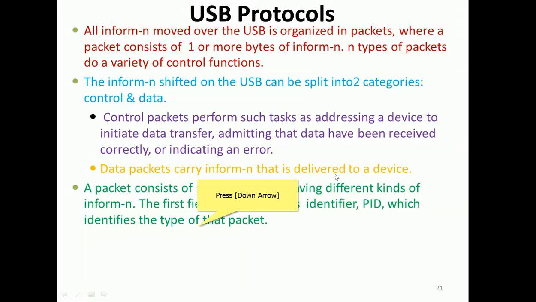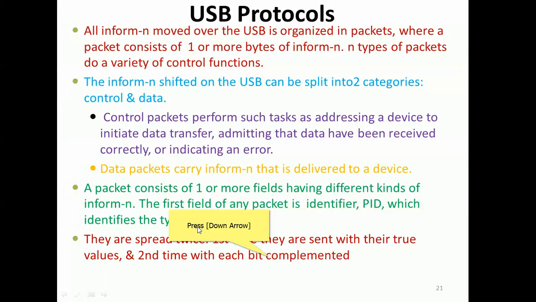A packet consists of one or more fields having different kinds of information. The first field of a packet is the PID, which identifies the type of that packet. The PID is sent twice. The first time it is sent with true values, the second time the complement of it is sent.